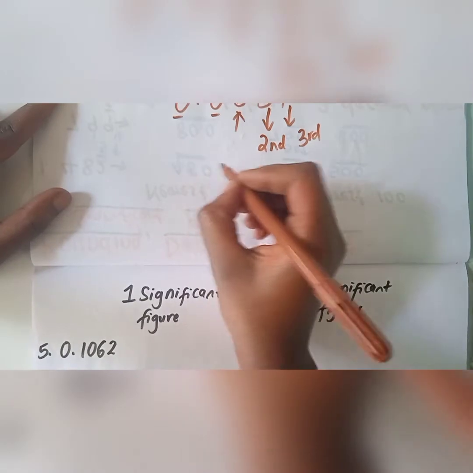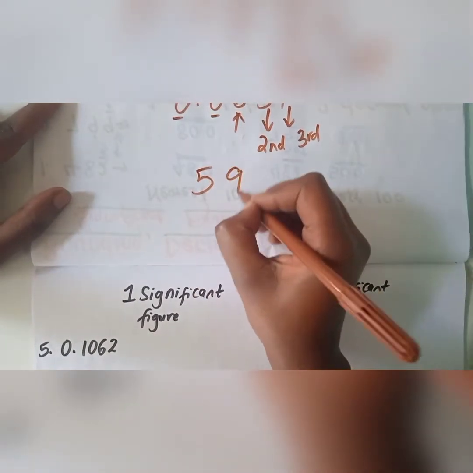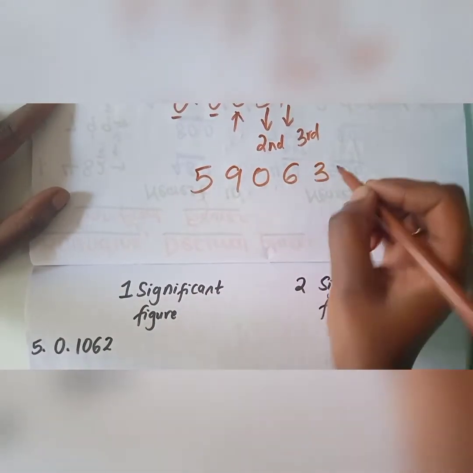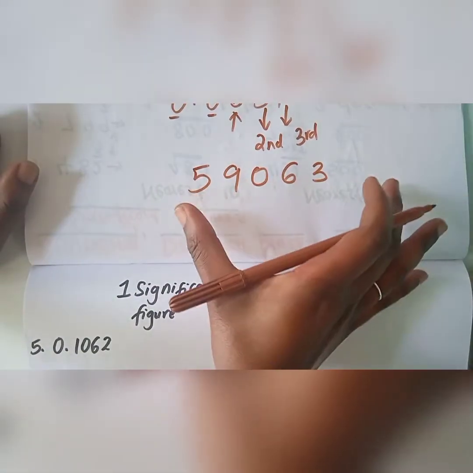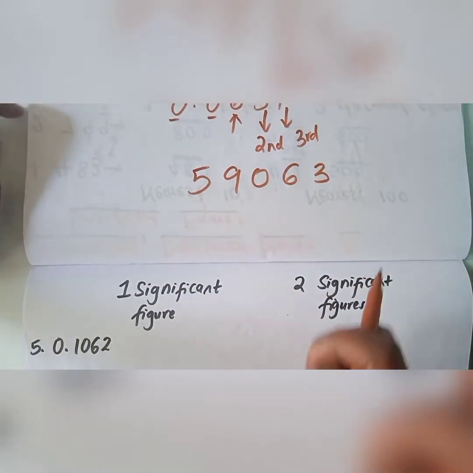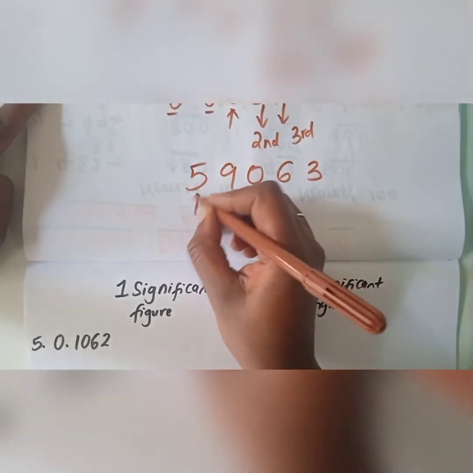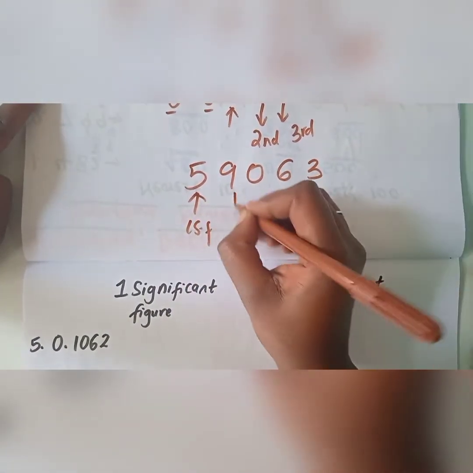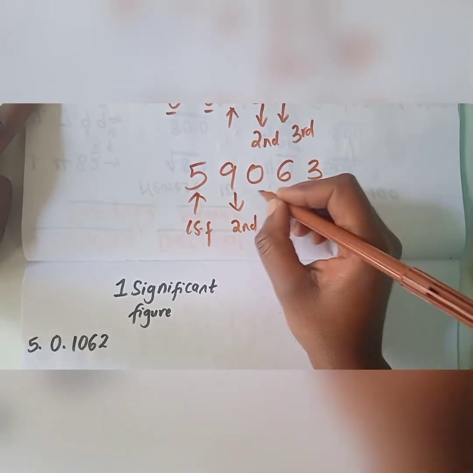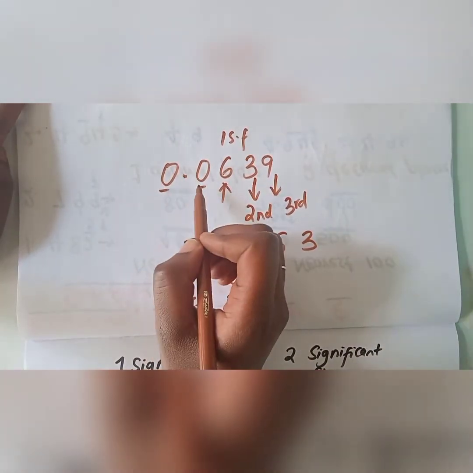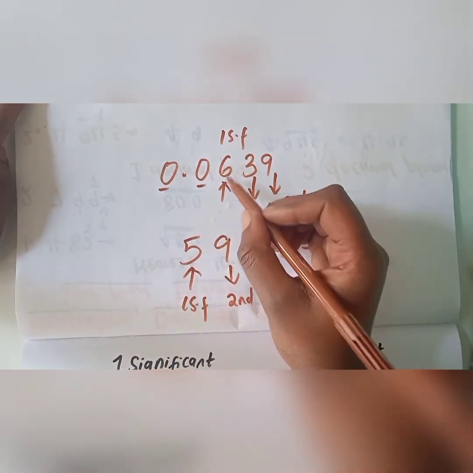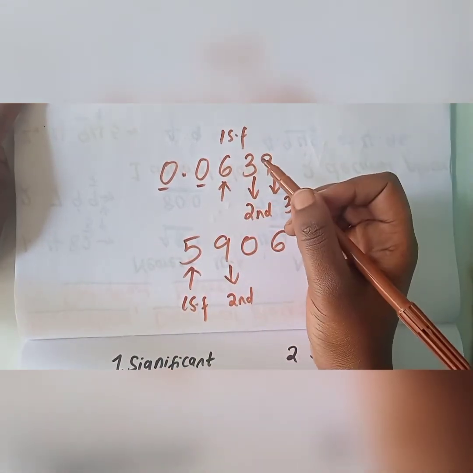But if you have, let's say, 596.3, this 0 is significant as well because it appears in between whole numbers. So here you count the first significant figure, second, and so forth. But if you're starting with a 0, don't count it as a significant figure. You start from where there's a real number.